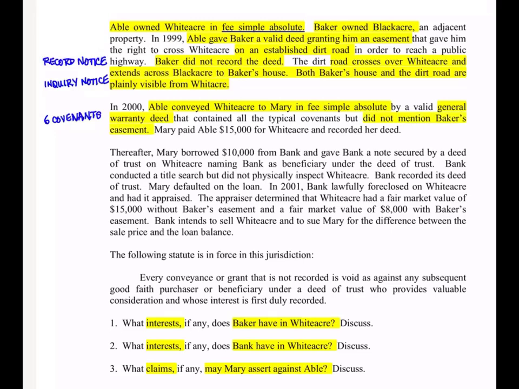Thereafter, Mary borrowed $10,000 from Bank and gave Bank a note secured by a deed of trust on Whiteacre, naming Bank as beneficiary under the deed of trust. Yet another term of art that I need to worry about explaining to the grader. A deed of trust is a security interest.